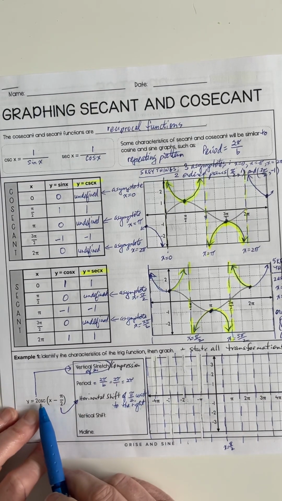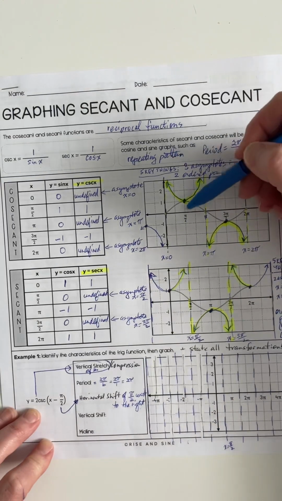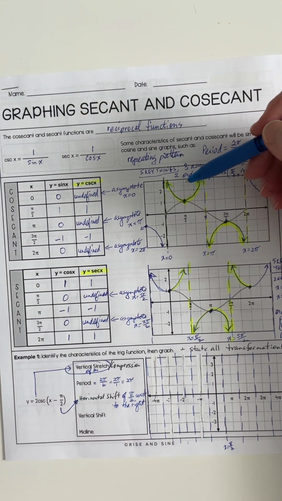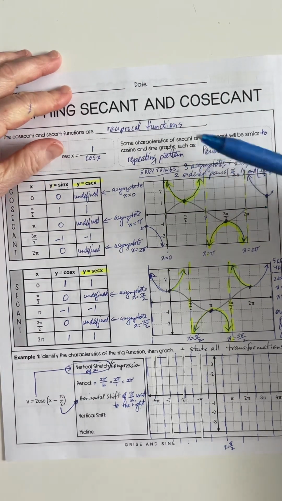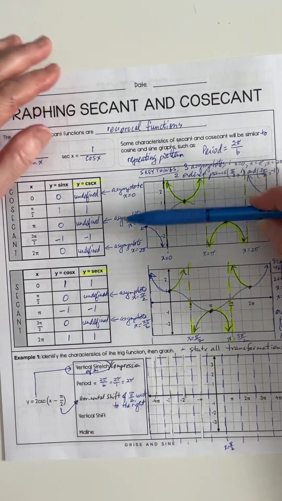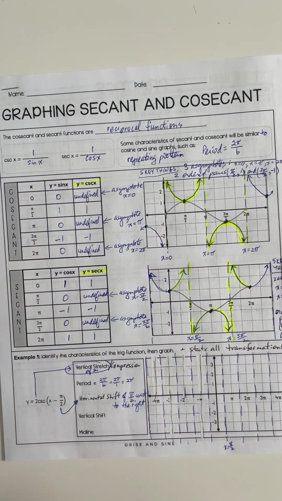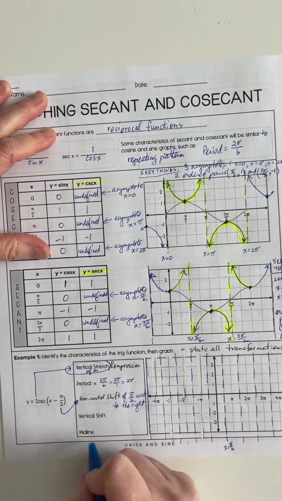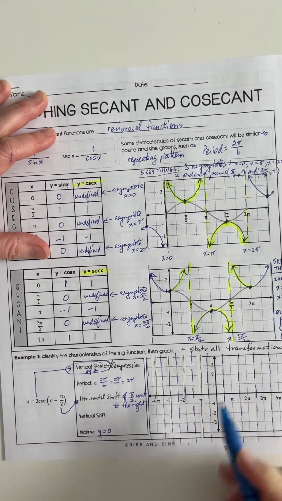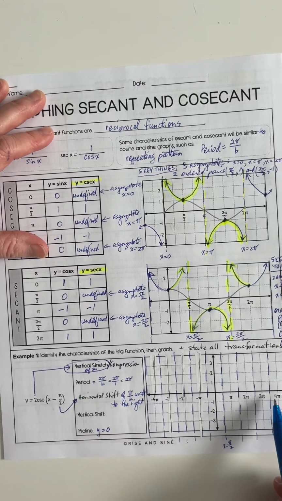All right, so that vertical stretch of 2 means that this is going to stretch up away from the midline. The midline of this function is the same as the midline or the principal axis of y equals sine x. So the midline is y equals 0, which is the x-axis, okay?